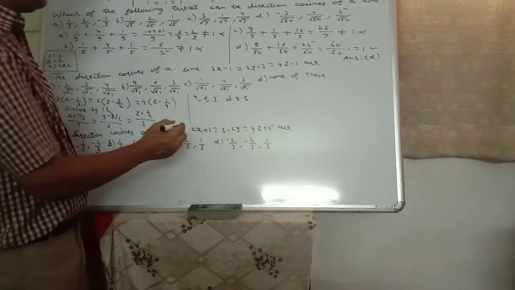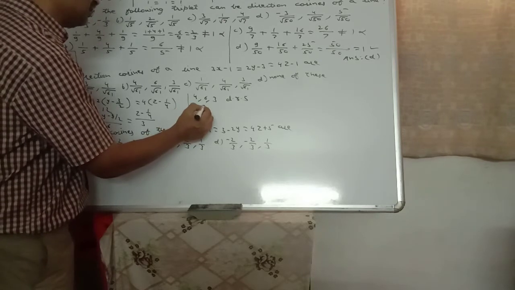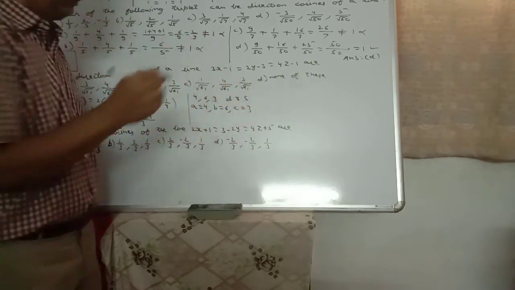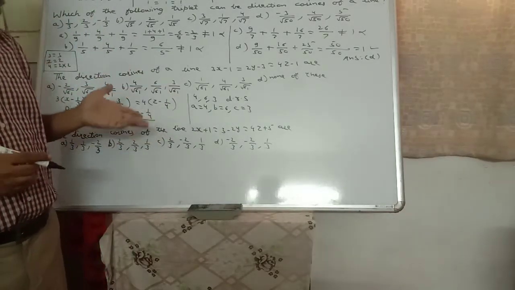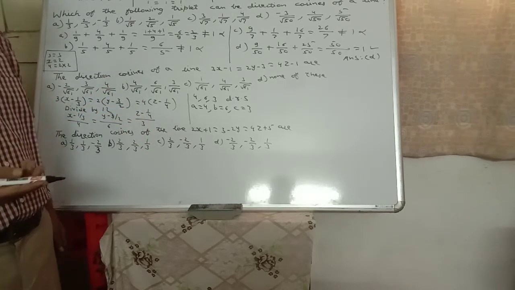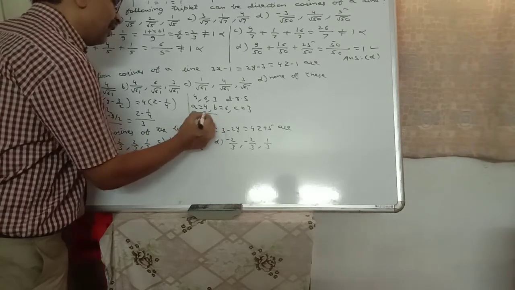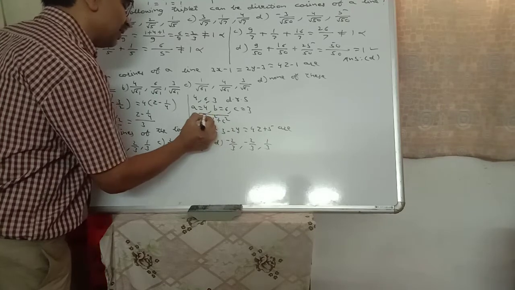Now after direction ratios of the line, we can find direction cosines. A 4, B 6, C 3. Direction cosines l, m, n: l is a upon under root a square plus b square plus c square. So it is convenient to find under root a square plus b square plus c square.